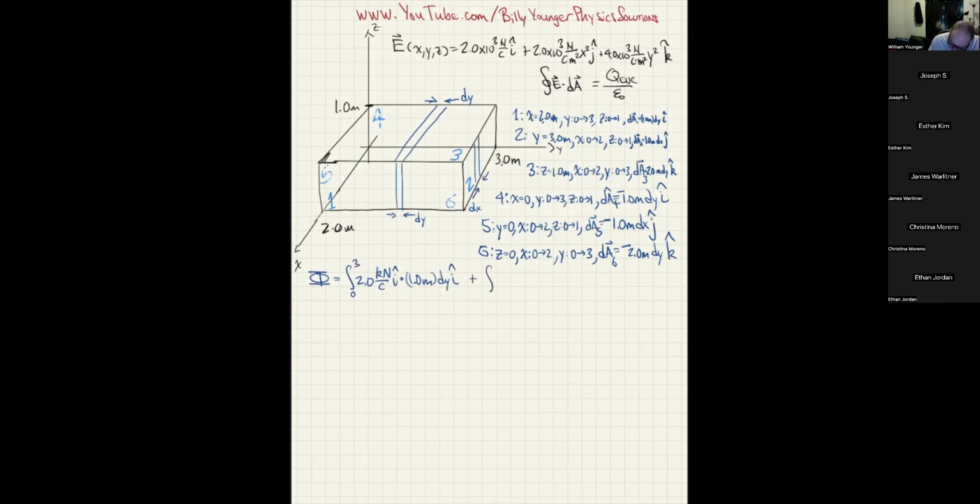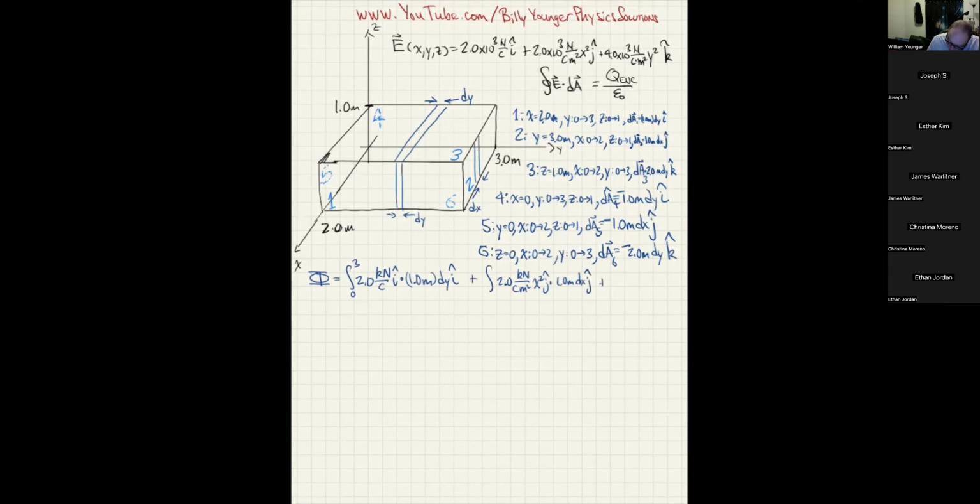Plus, now I have another integral. This time, since I'm doing surface 2, the only one that survives is the j hat. So I'm going to call this 2.0 kilonewtons per coulomb times x squared j hat dotted with, now I've got to take my dA, which would be 1.0 meters dx j hat.